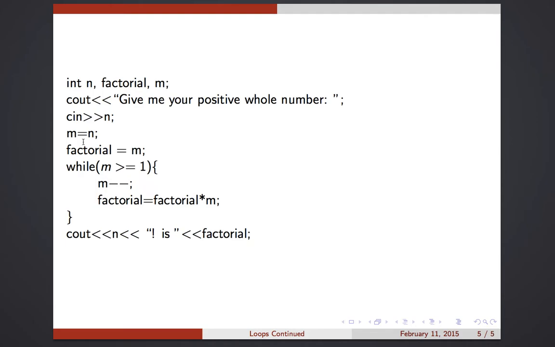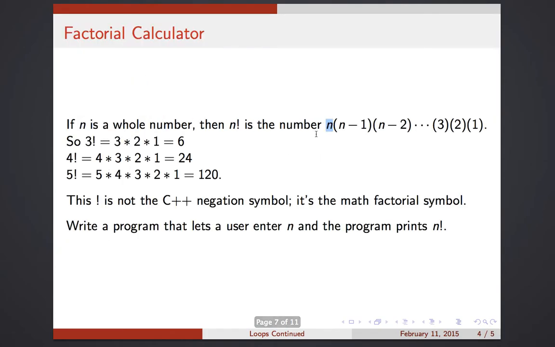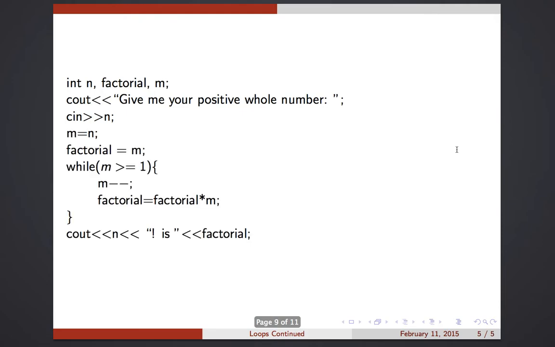So at the very beginning, m is equal to the number the user entered, as is factorial. Now I'm going to go in this loop, and this process continues until I reach the number 1. So it makes sense to say, as long as m is bigger than or equal to 1, I'm going to keep this thing going.